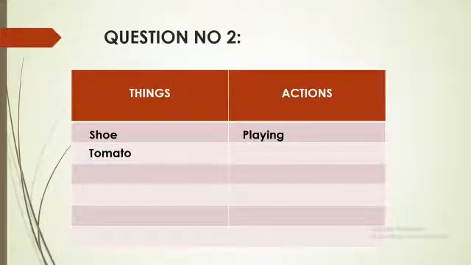Tomato. Tomato is the name of a thing. Rubbing. Rubbing is also an action. Tooth. Tooth is the name of a body part. Buy. Buy is an action.